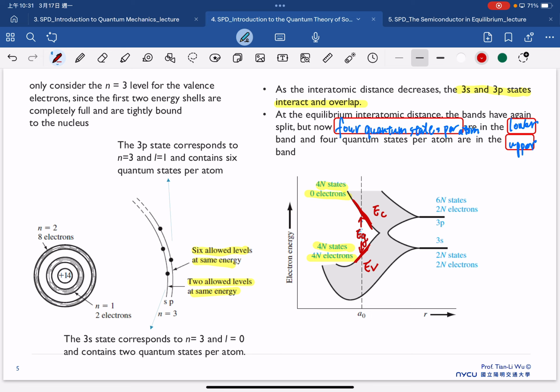Now it's getting closer to our expected drawing. Once we redraw it a little for a simpler drawing, we can redraw this with EC, EV, and a band gap in between. That's why we have what we call the band diagram.